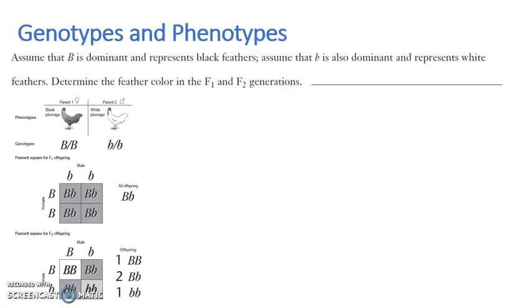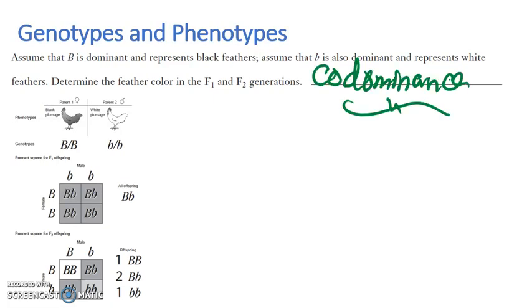The third problem has us looking at the same parents again, same genotypes, but this time we're changing the rules yet again. In this case, we're looking at codominance. With codominance, big B is dominant and represents black feathers, and little b is also dominant and represents white feathers.